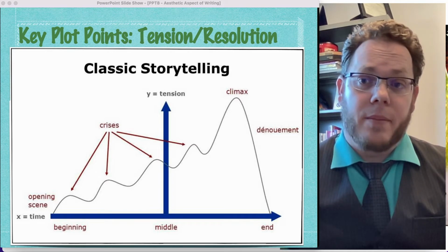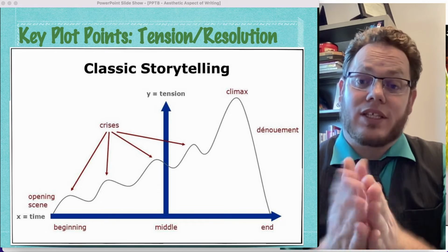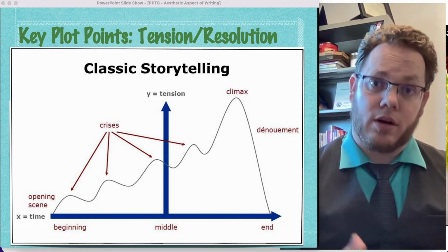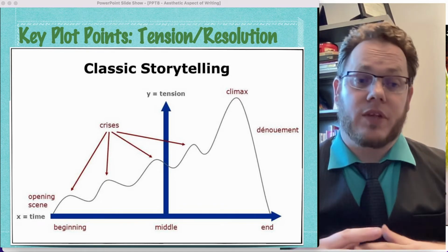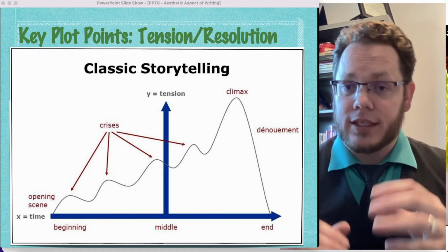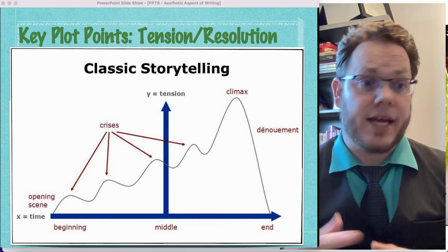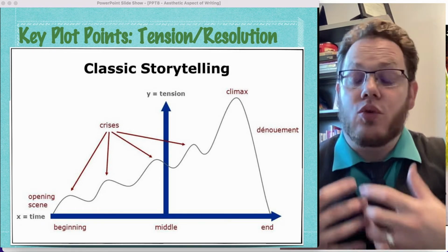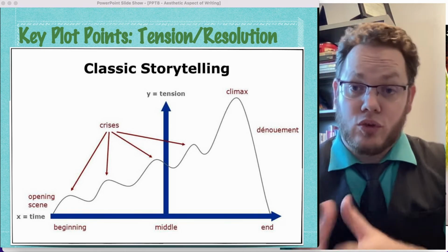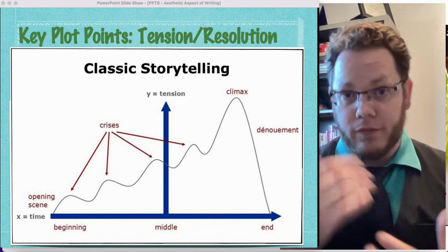Maybe he recognizes he did something wrong, and the way he responds in that small situation, that mini crisis at the beginning, tells the reader a little bit about that character. So as part of this opening scene or introduction, we want to establish in small context, because we want to have room to build, what the stakes are, or who the people are, or what is unique about the character and the way they respond to tension points, or do they fail in a small scenario, but that gives them a chance to think through and develop over time.